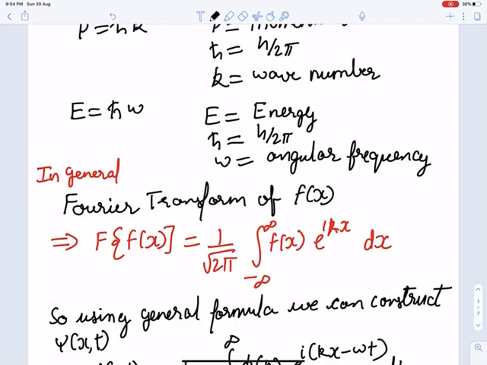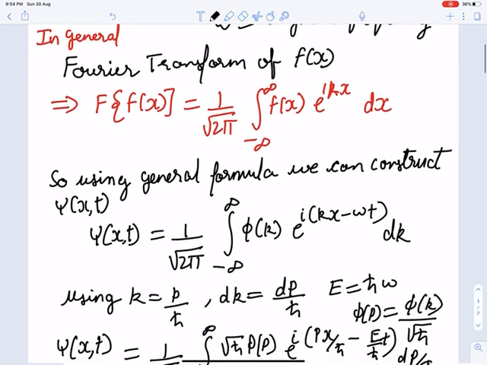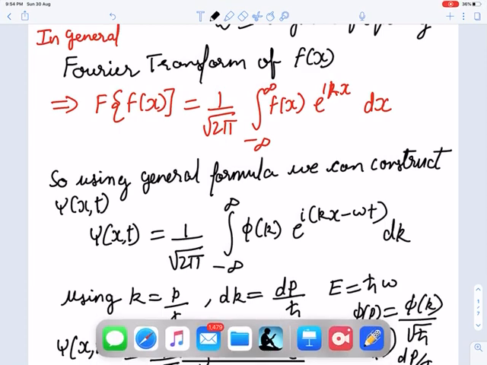So this is the general Fourier transformation formula, and using it, we can construct psi(x, t) equal to 1 upon root 2 pi, integral from minus infinity to infinity of phi(k) e to the power i(kx minus omega t) dk. So I've shown you how we came up with this.